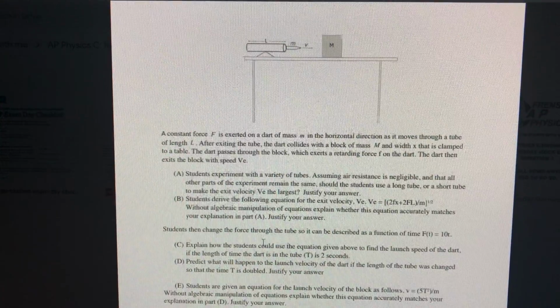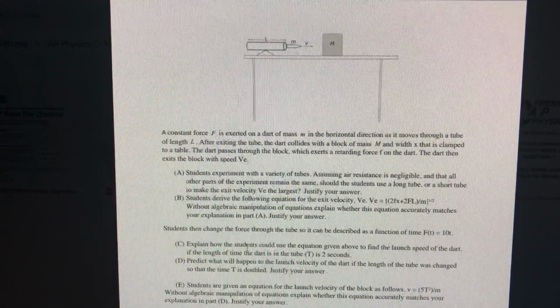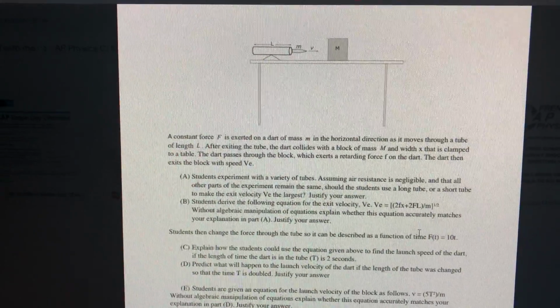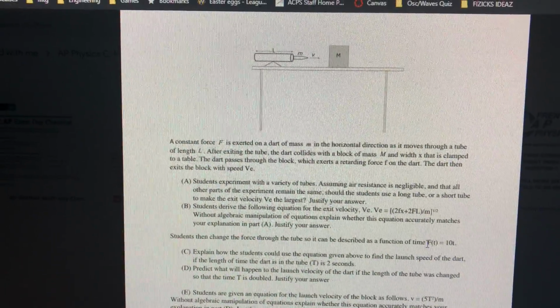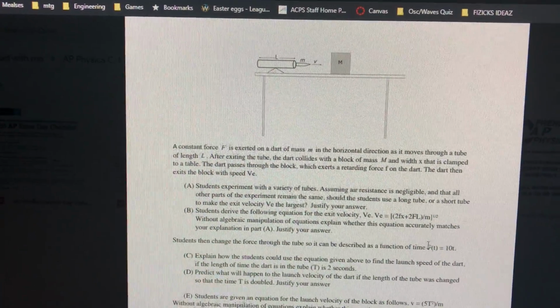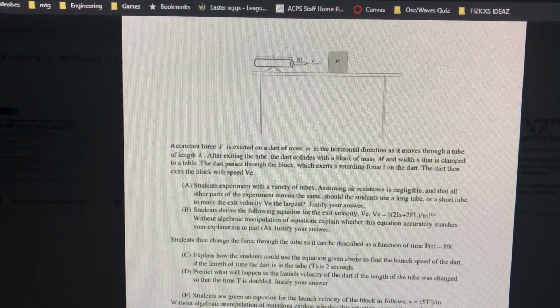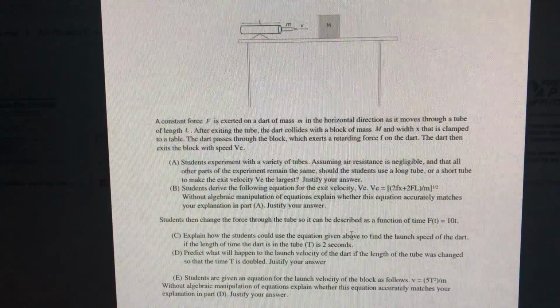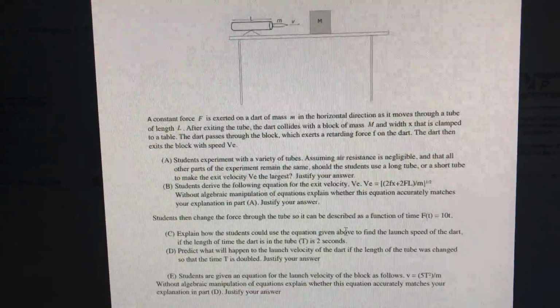Okay, part C. Explain how the students could use the equation to find the launch speed of the dart if the time in the dart was 2 seconds. For this one, the straightforward thing is we can put in 2 and we can find the force. So force is 10 times 2. So if you can find the force, how does force help you find speed or velocity?